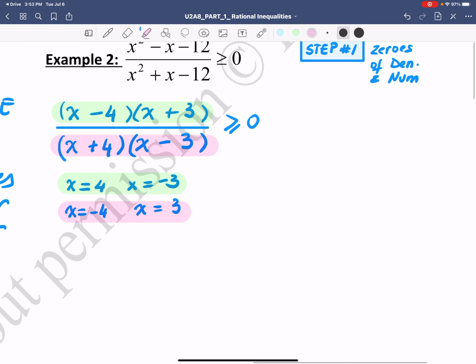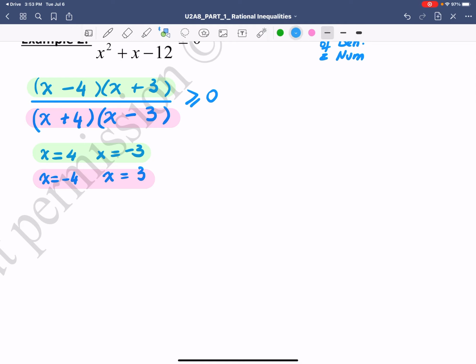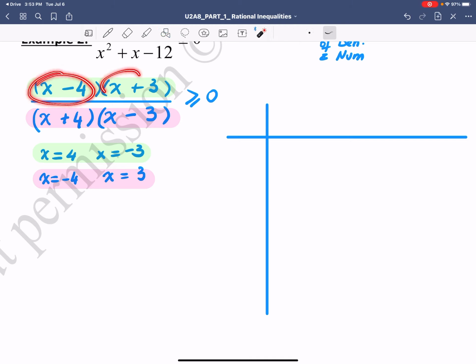So we're going to build the table so we can study the sign of this rational expression. Now, remember, I'm going to make the line a little longer here vertically, because I have to host 1, 2, 3, 4 factors. So we are trying to find the sign of x minus 4, the sign of x plus 3, the sign of x plus 4, and the sign of x minus 3.